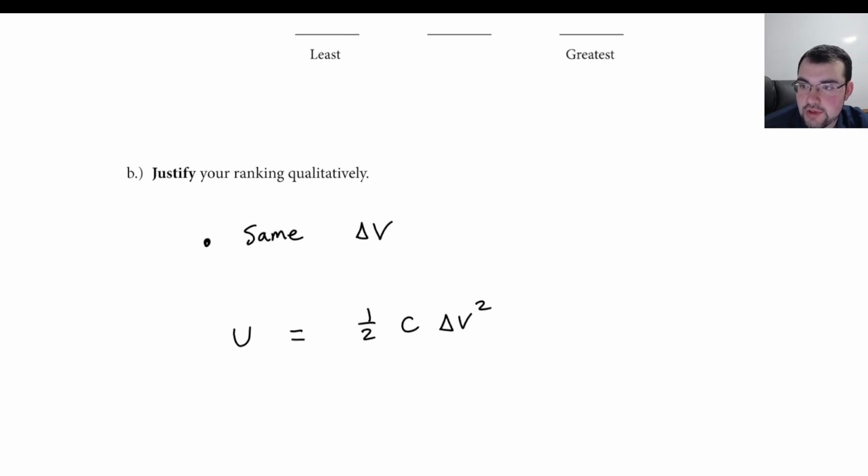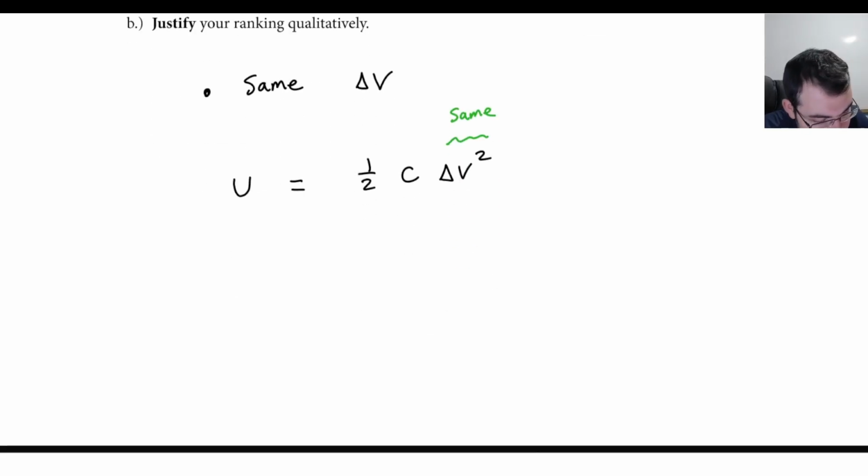So if U is 1/2 CV squared, and the V is the same, that means we're just ranking the capacitance. So we see that as C goes up, U goes up.